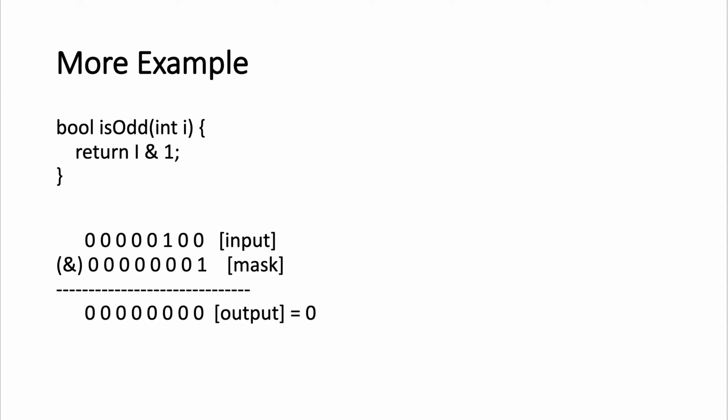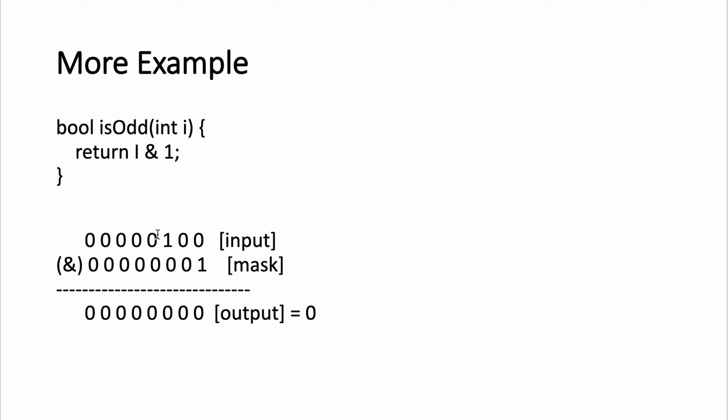Okay, let's talk about more examples of bit masking. We have created a function called isOdd. Is the number odd or even? I want to point out an important part: only the odd number has the least significant bit 1.